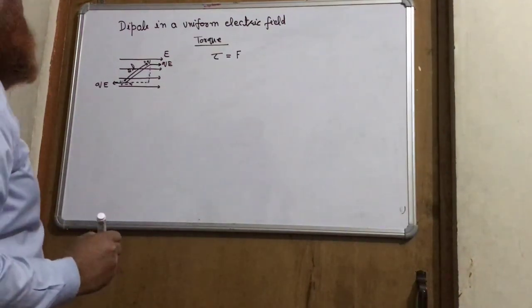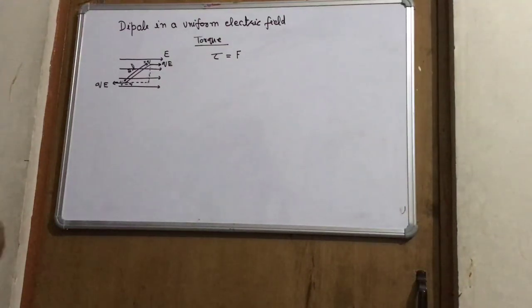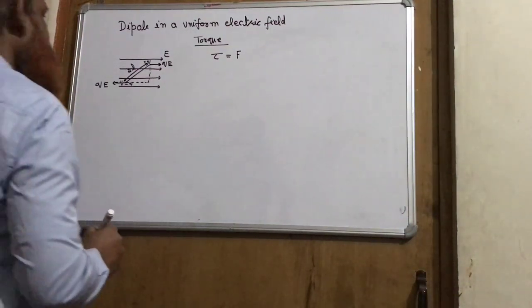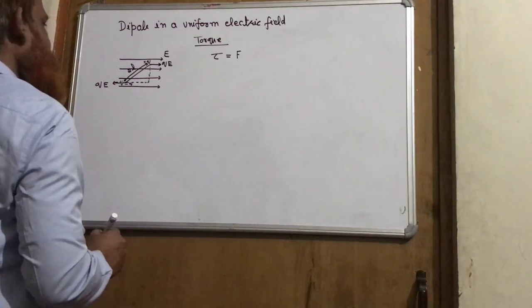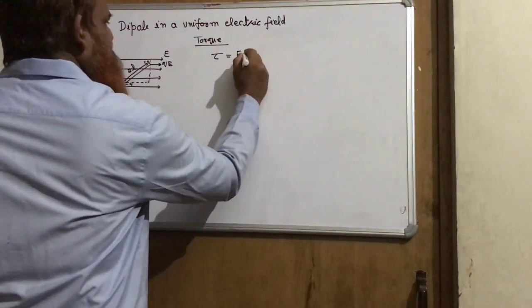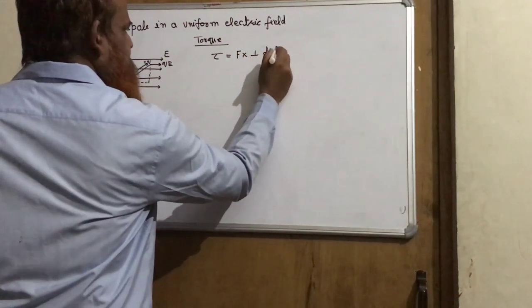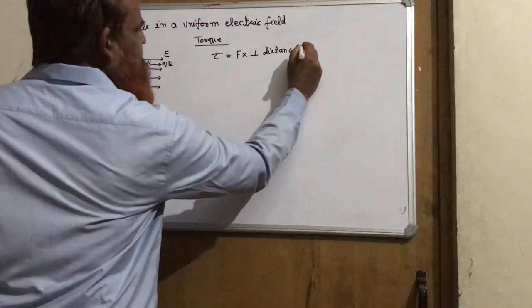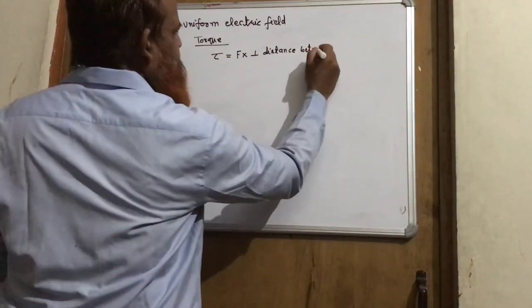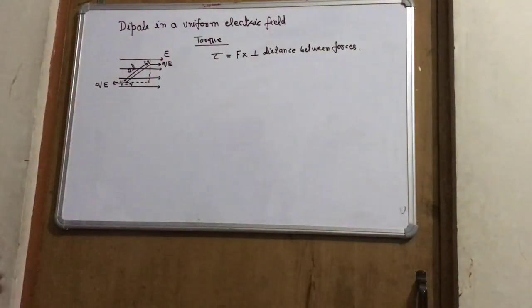They make a couple, and a couple has a torque, and torque is given by one of the forces multiplied by the perpendicular distance between them. This is the magnitude of the torque.